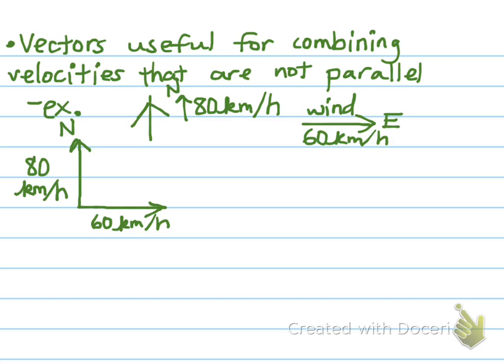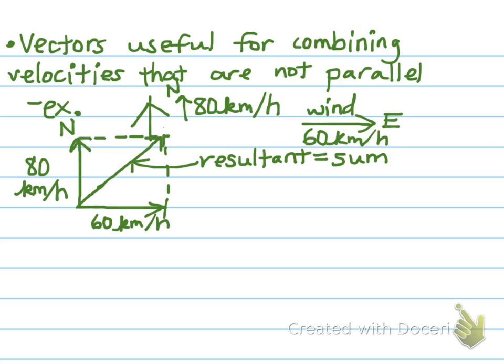Now, the resultant, so the path and the speed that this plane would actually travel, is found by, we kind of make a square or a rectangle. And the resultant is this middle. So this is what's called the resultant. And it really is the sum of these two vectors.